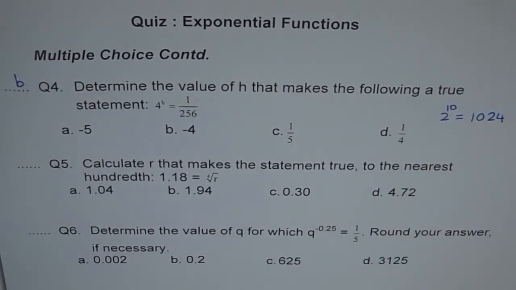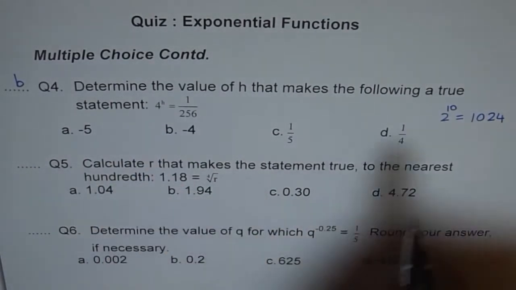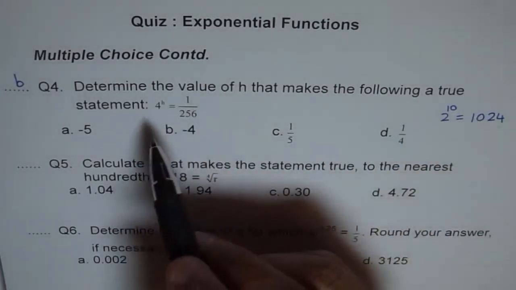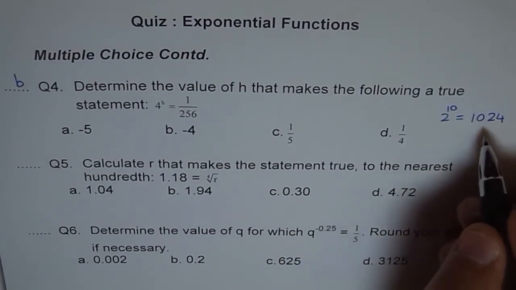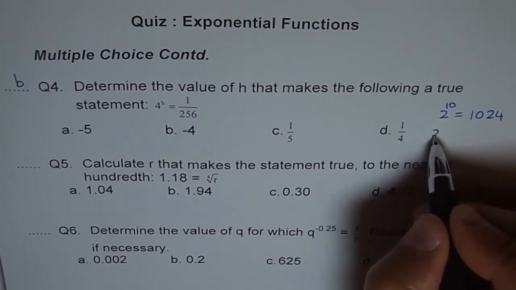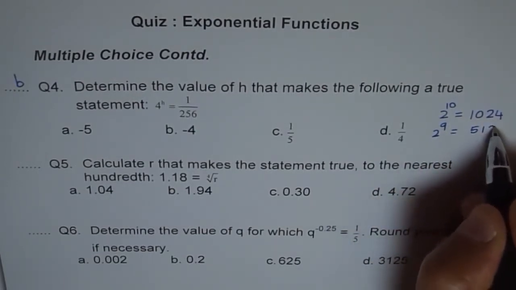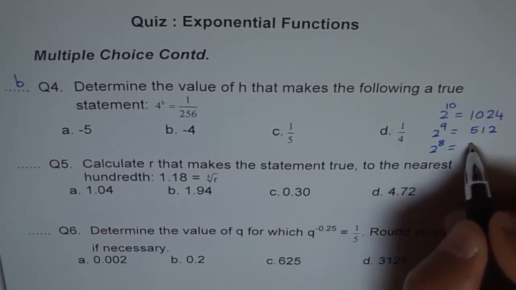Now, 4 is actually 2 squared. If I divide by 2, I get 2 to the power of 9. I'm just taking time to show you how I can get it without a calculator. 2 to the power of 8 is half of that, which is 256.